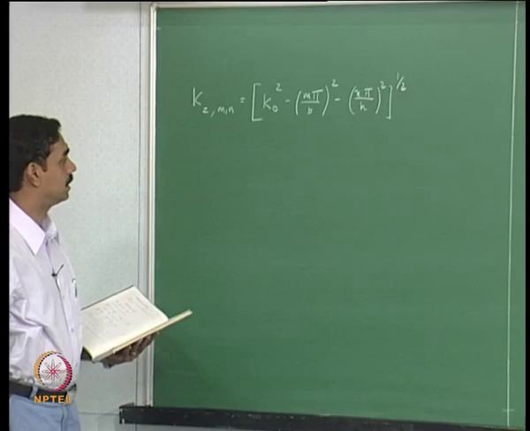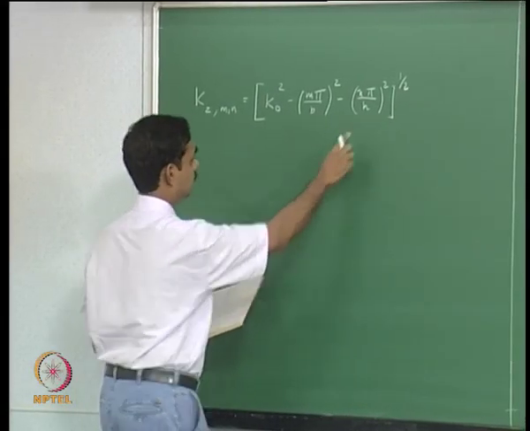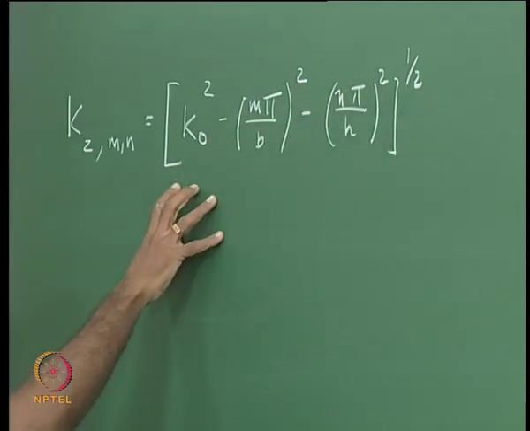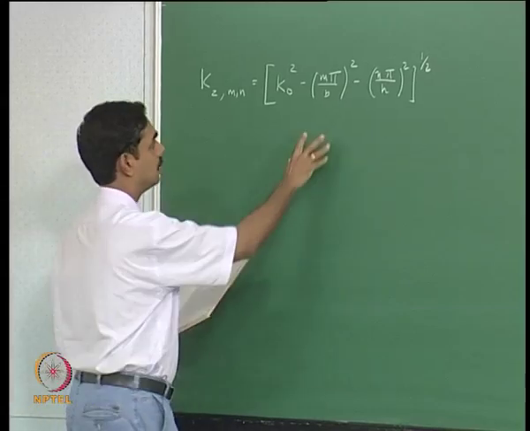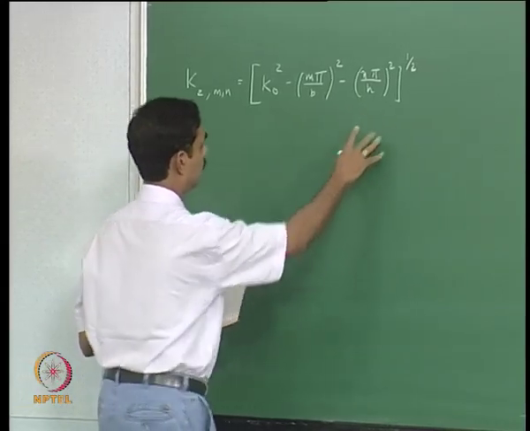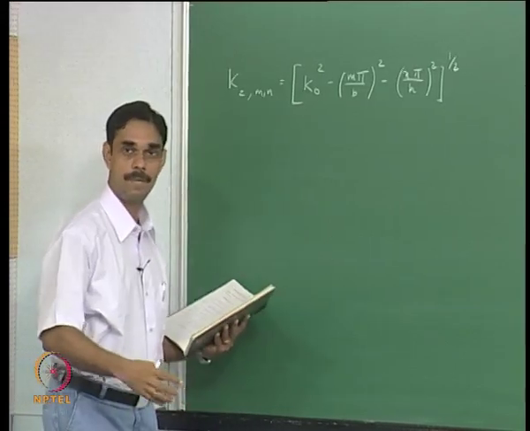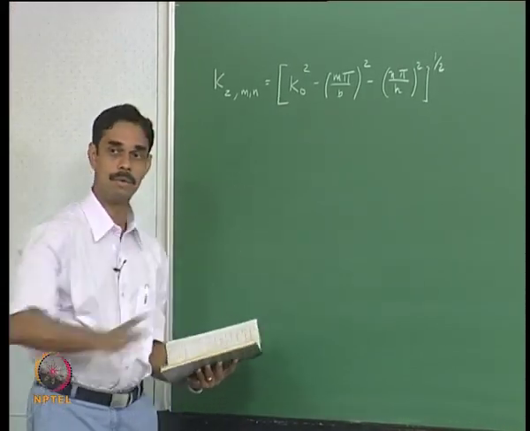It becomes square root of k0 squared minus (m pi over b) squared minus (n pi over h) squared, to the power half. This is some quantity minus some other quantity, and if you notice, m pi over b the whole squared and n pi over h the whole squared are positive numbers. So there is quite a bit of possibility that the second and third terms together can overwhelm k0.